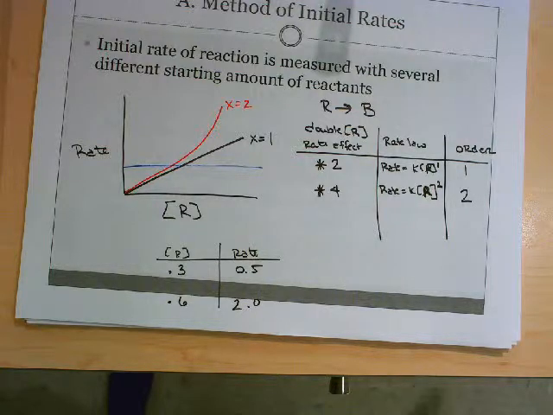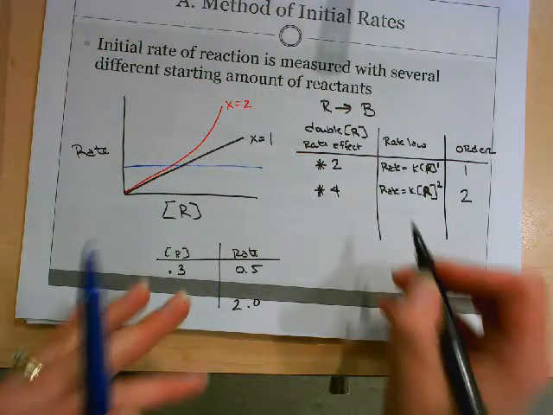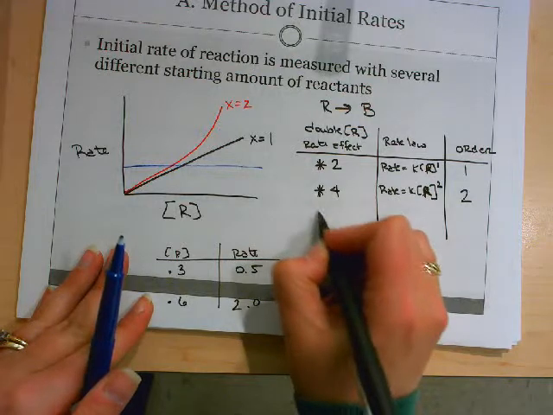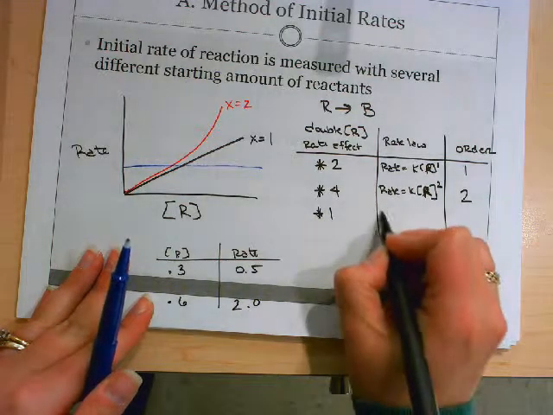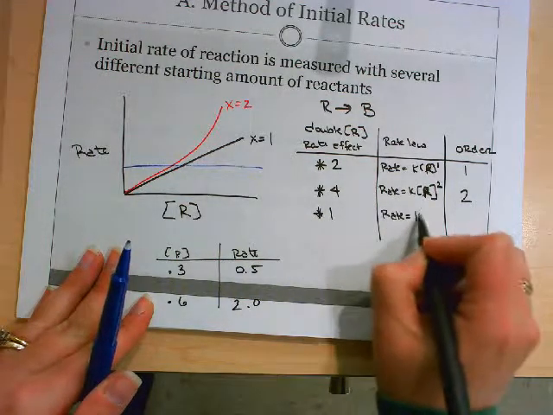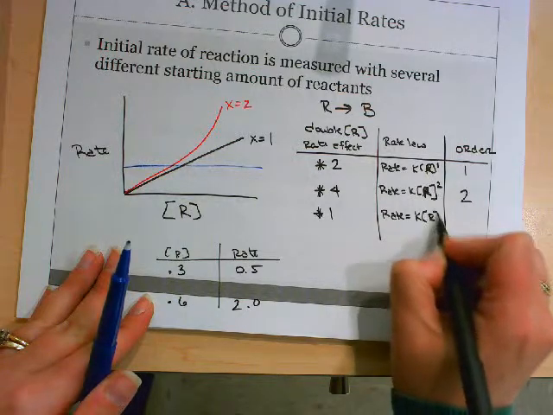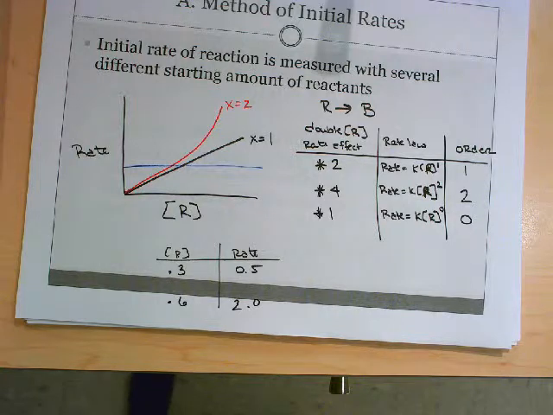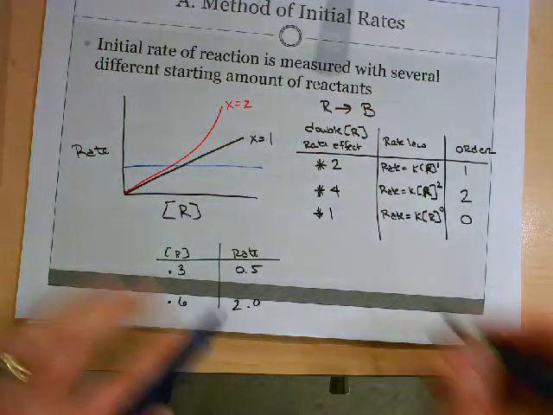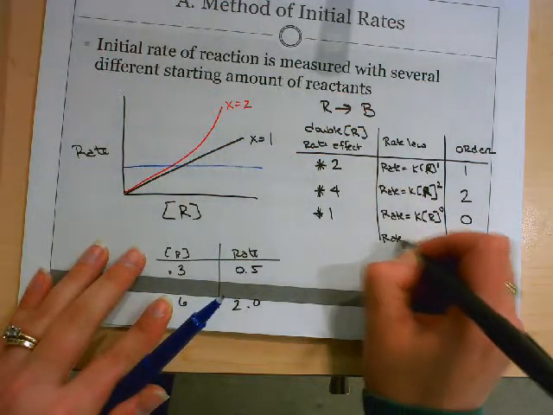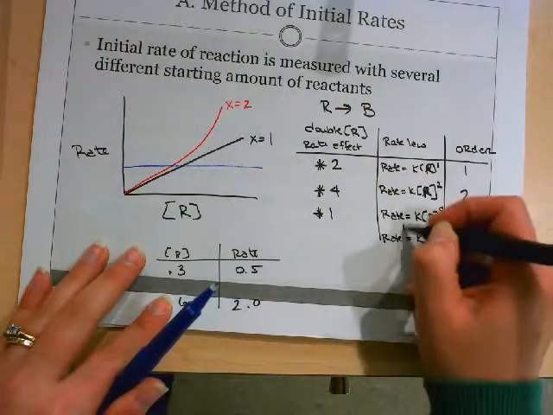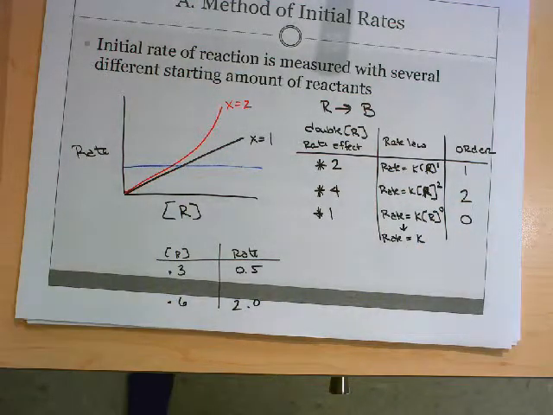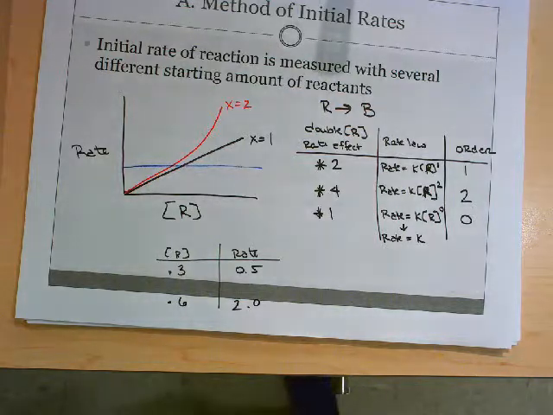It's 0. Because what's something raised to the 0 power? Itself, which means rate equals k for this one. We call that zero order.